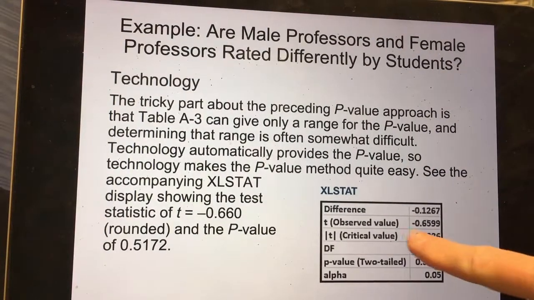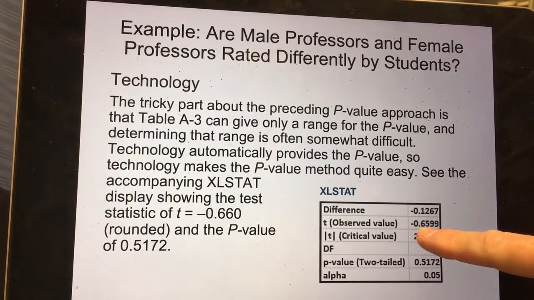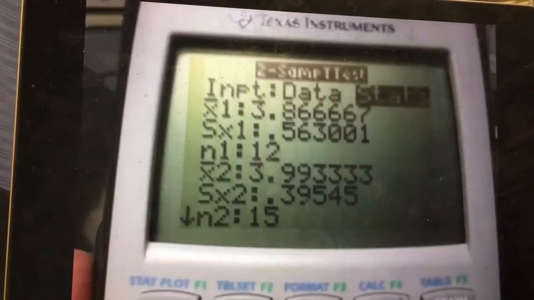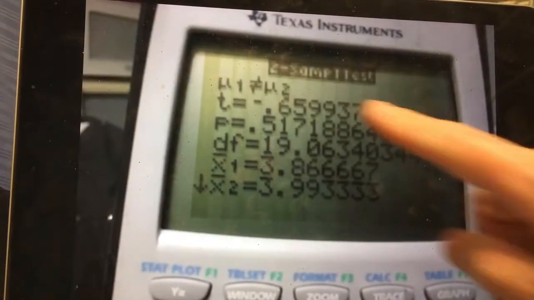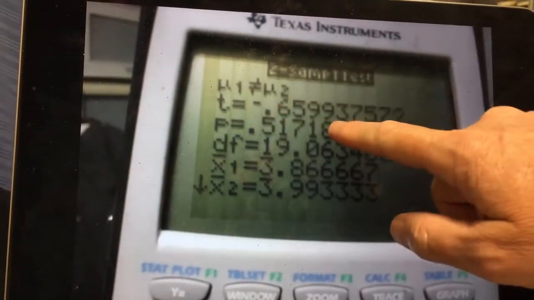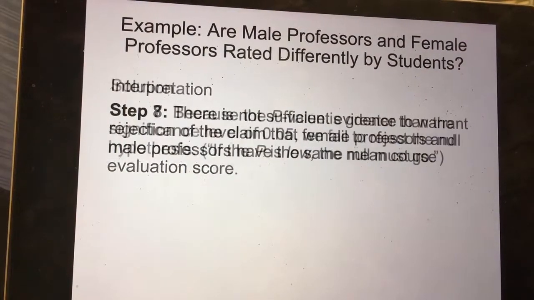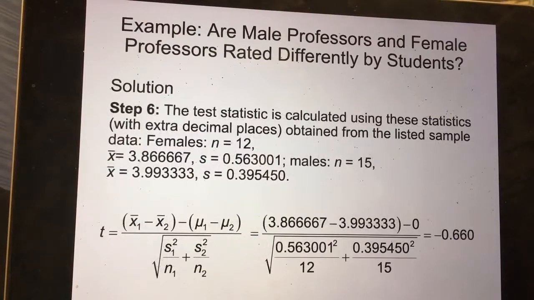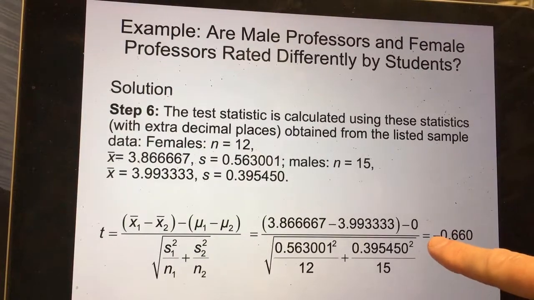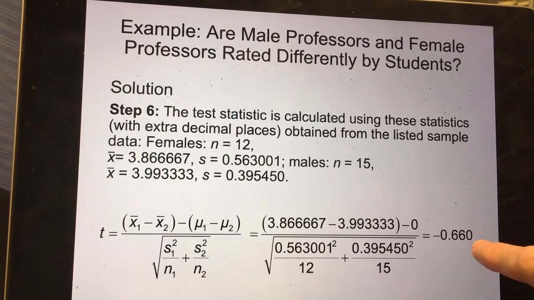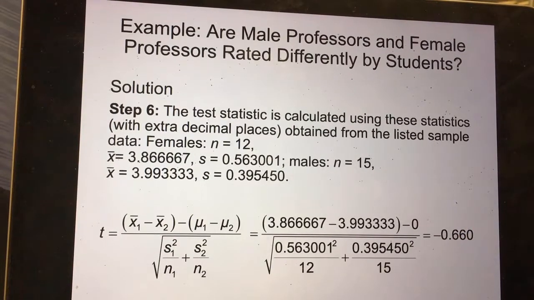Okay, so here was the observed t-value, negative 0.6599, and we got negative 0.6599. When they calculated it using the formula, they got negative 0.66, but with 6599 you can see how that will round. So we're usually going to get more accurate results if we use the technology.